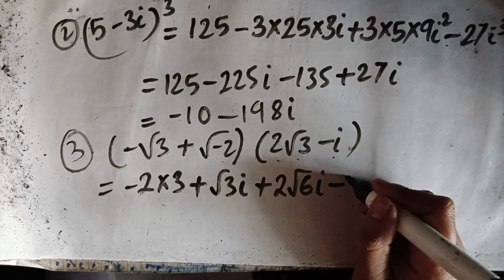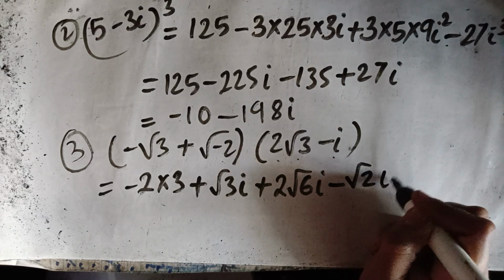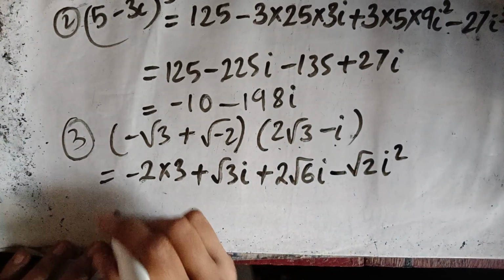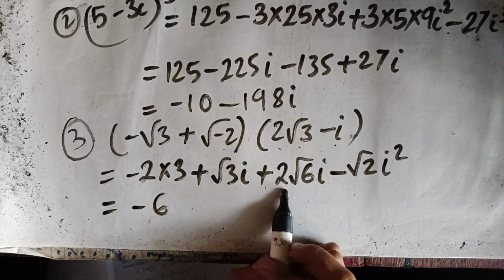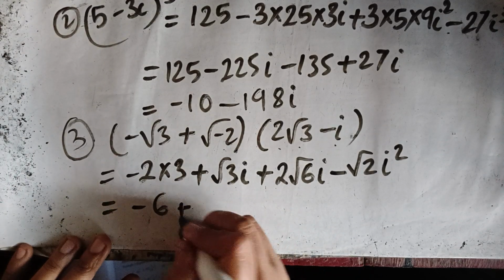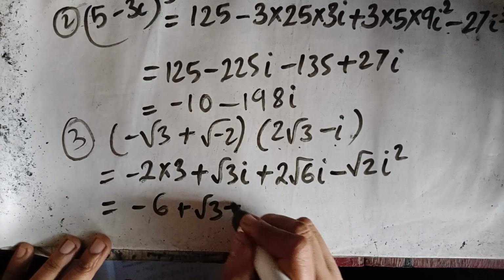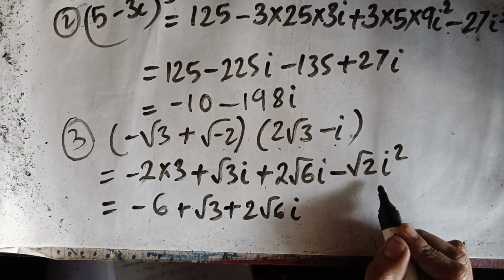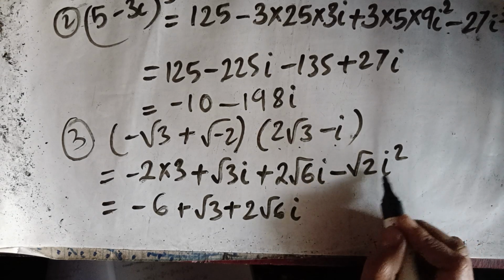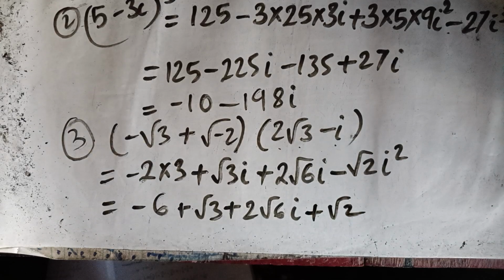So root 2 i into i squared. This is 6. This remains same. And this is i square is minus 1, minus minus plus. Okay.